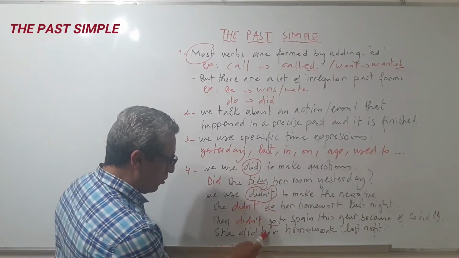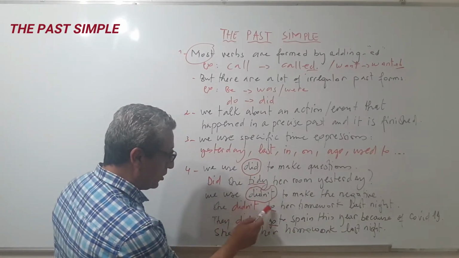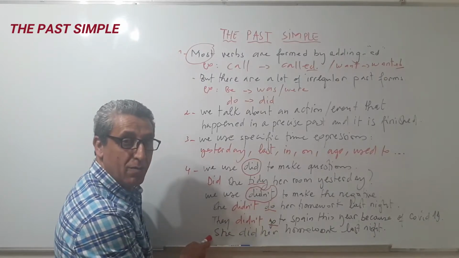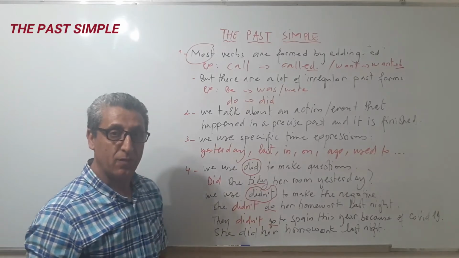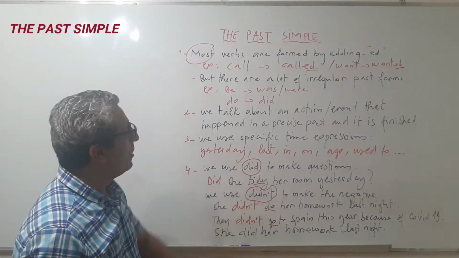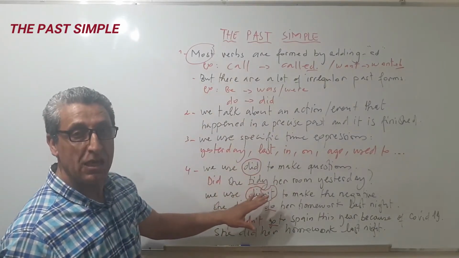So she did her homework. She didn't do. Affirmative form: she did her homework last night. So this is the past simple.